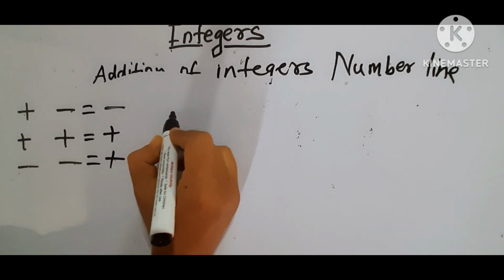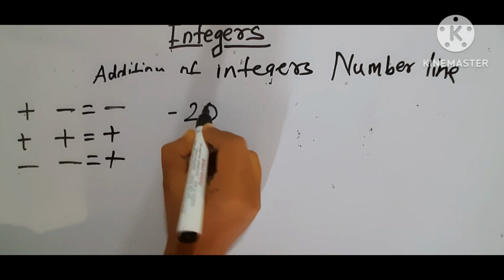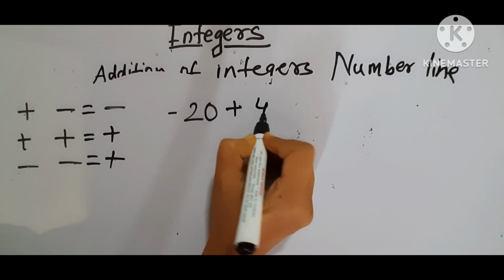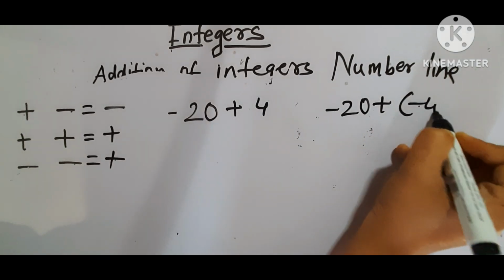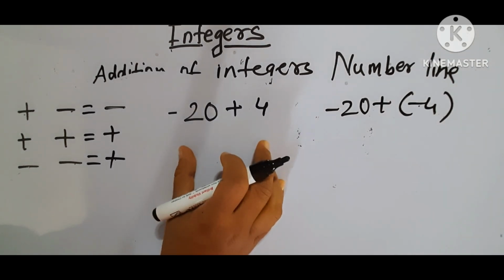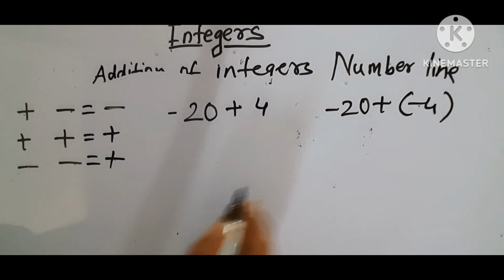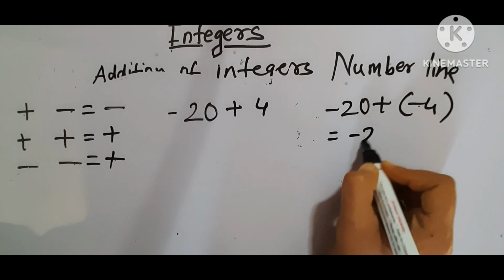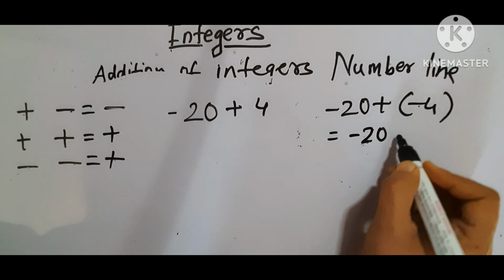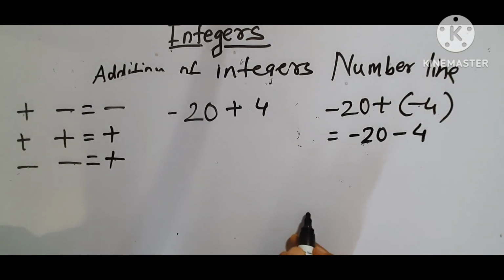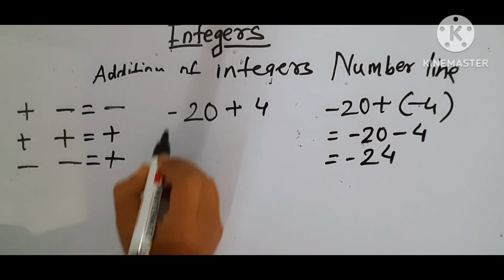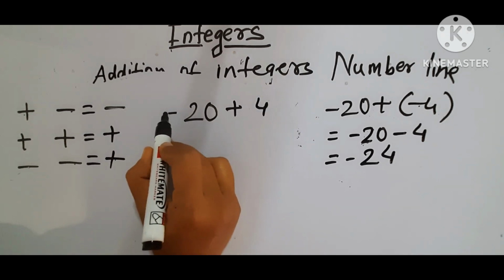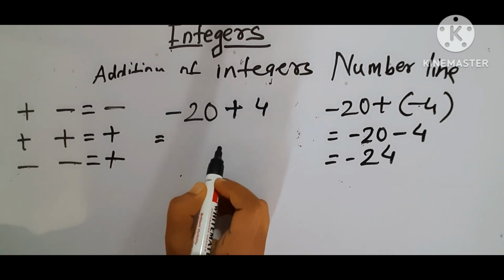Same numbers, suppose we have minus 20 plus 4. In the previous sum it was minus 20 plus minus 4, right? In this sum it is minus 20 plus 4. In this case, what have we done? We have done minus 20 plus minus is minus, that is minus 4, and we got the answer minus 24. Okay, in this case this is minus plus, opposite signs.